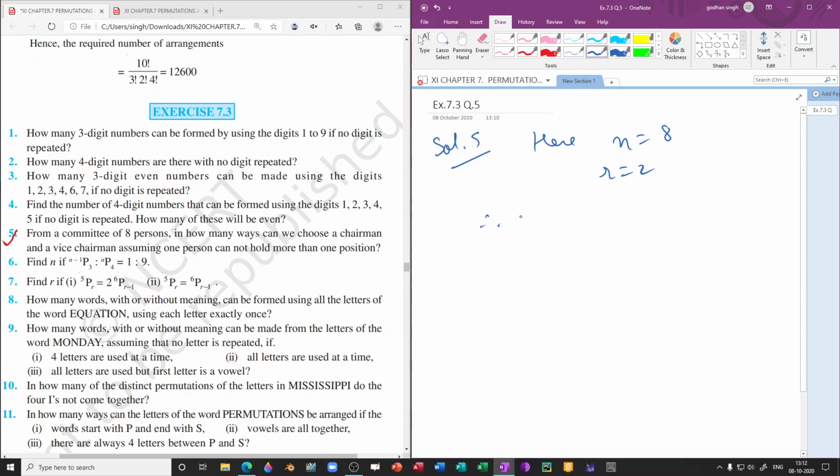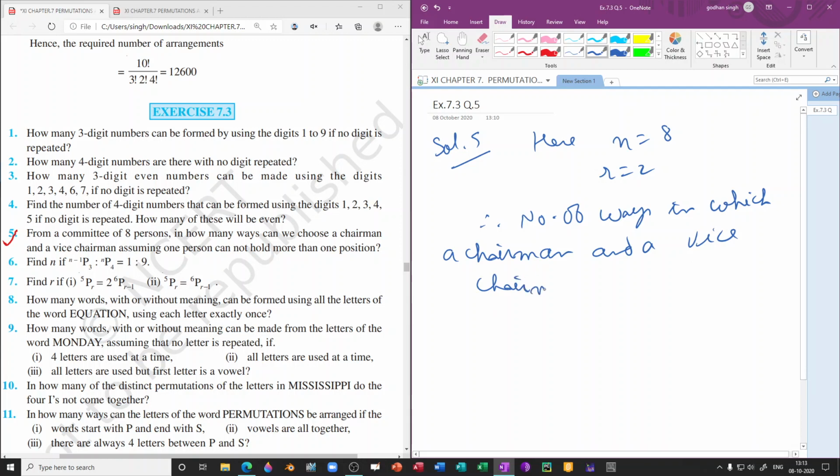Therefore, the number of ways in which a chairman and a vice chairman can be chosen is equal to nPr.